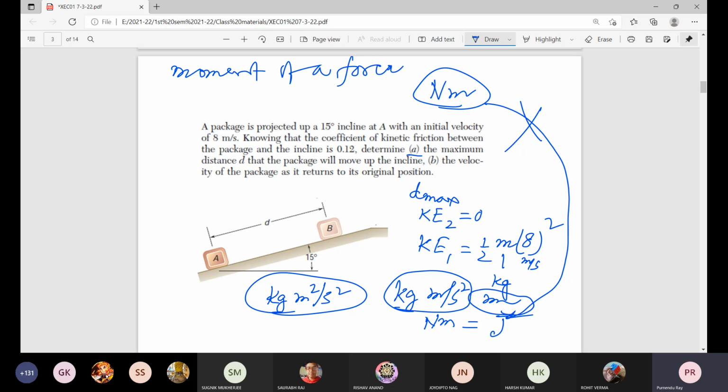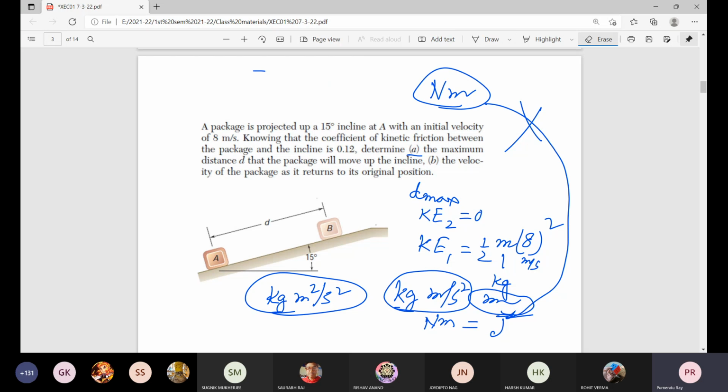And when it is coming in the form of liquid pressure, that is also force per unit area, that should be given in Newton per meter square, but in the form of Pascal. So similar such things are there, but for this particular situation, the energy is in joule and moment of a force in Newton meter.